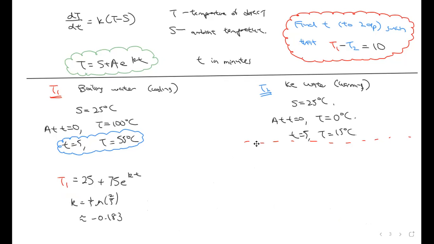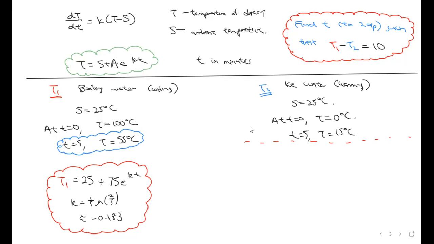Okay. So we do the whole thing all over again. We establish what T2 is. So T2 is also going to equal S plus A e to the kt, for the exact same reason. By subbing the first one, I'll still establish that S equals 25. I'll leave that for you to do. And then we'll establish quite quickly that A will equal negative 25, right?